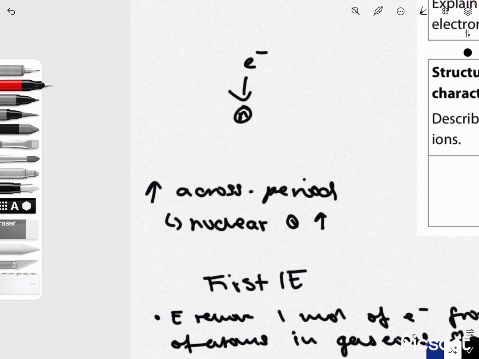So, ionization energy increases across the period, but it decreases down the group. This is simply because electrons are further from the nucleus, and lower energy levels block higher energy levels. This is called shielding, so it prevents attraction.